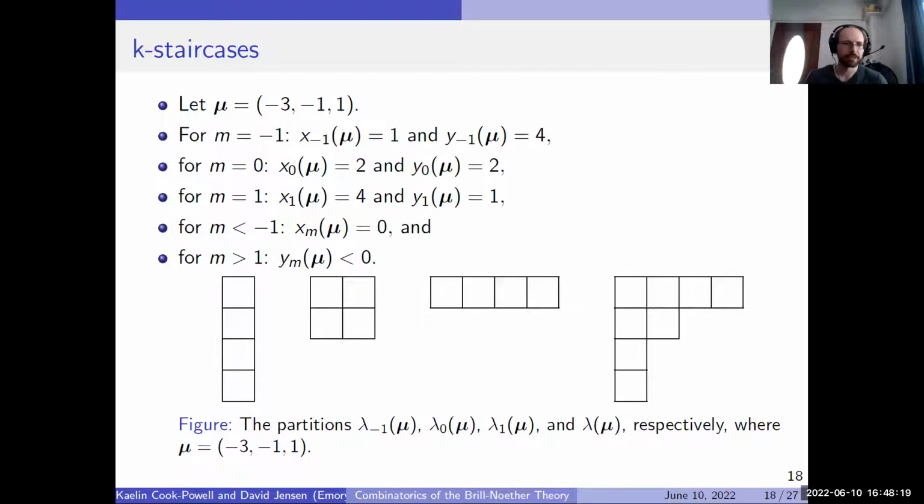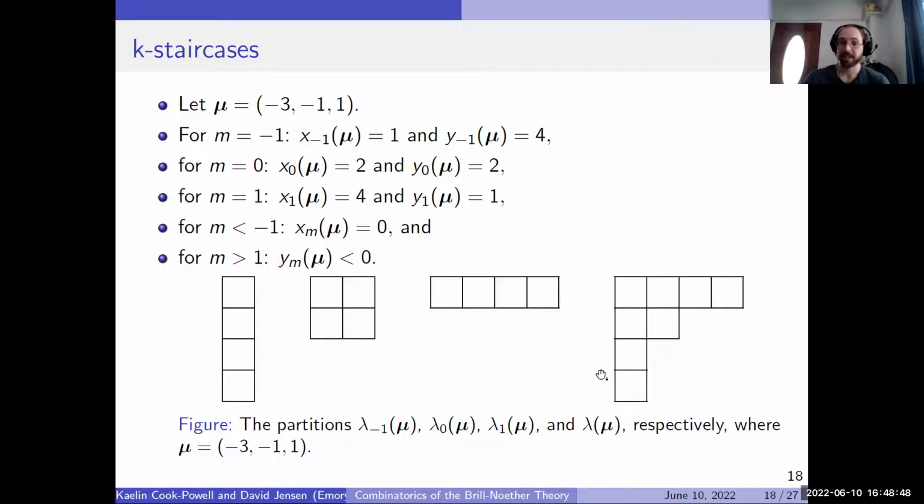Okay, and here are the 3 different partitions that we see. 4 rows, 1 column, excuse me, I said the opposite before. 2 rows, 2 columns, 4 columns, 1 row. And we glue these together at the end to get this lambda of mu. Right, so this is a k-staircase.